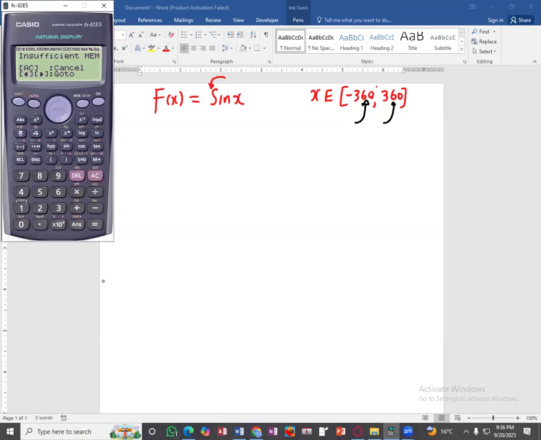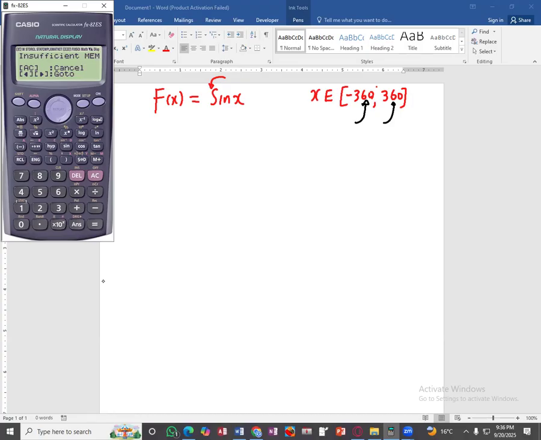You are asking for information from negative 360 to 360, and we are using such a small step, which is the step of 15. So the calculator says insufficient memory.